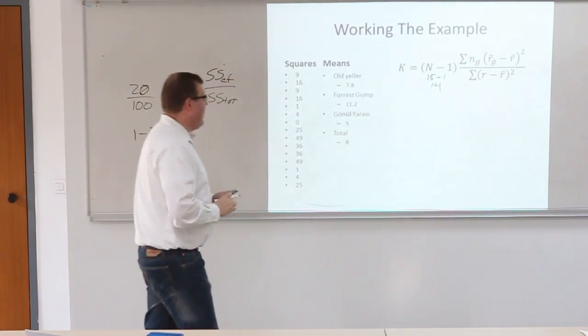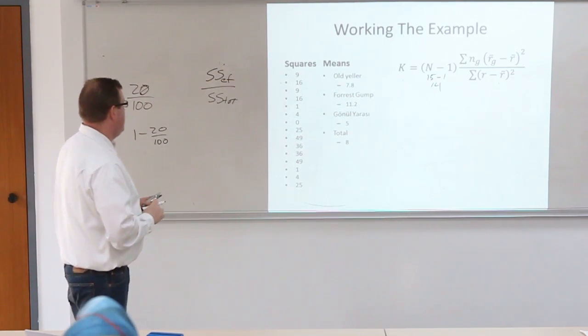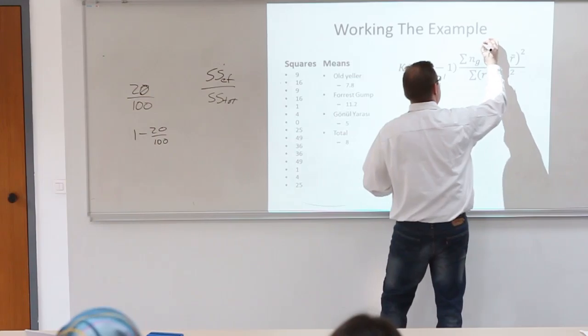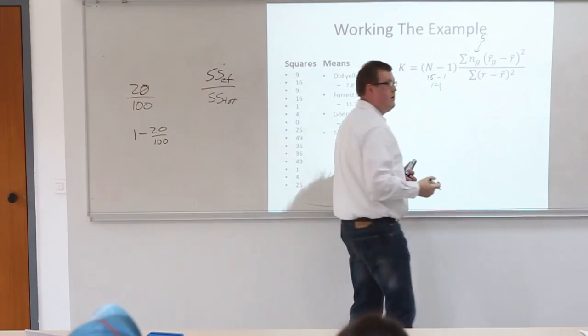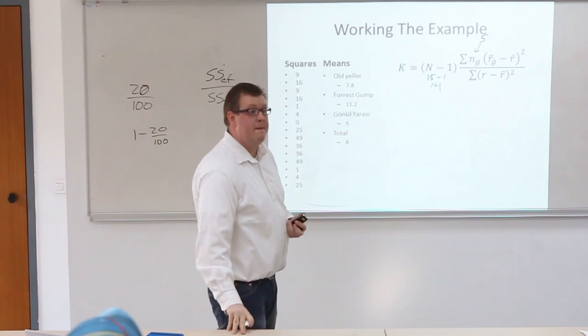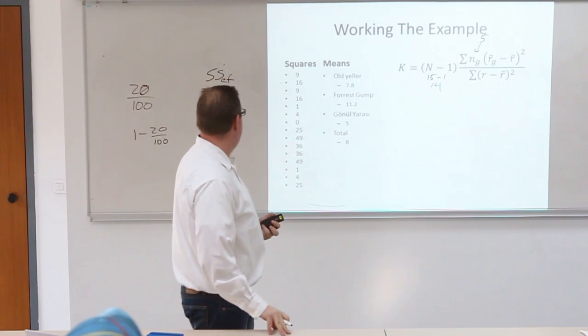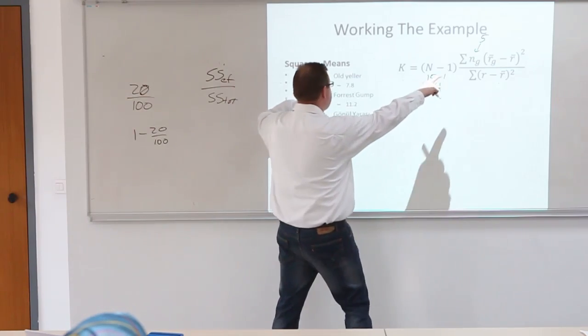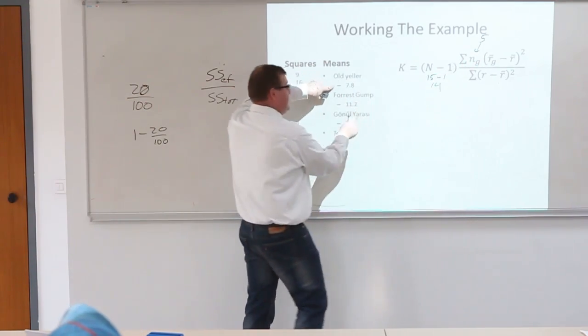Okay. Now what else do we need to do? So n_g is 5. It depends on which R_g, it depends. We're actually going to sum up over all of these.